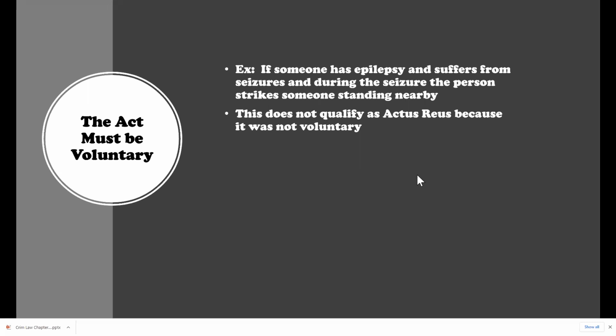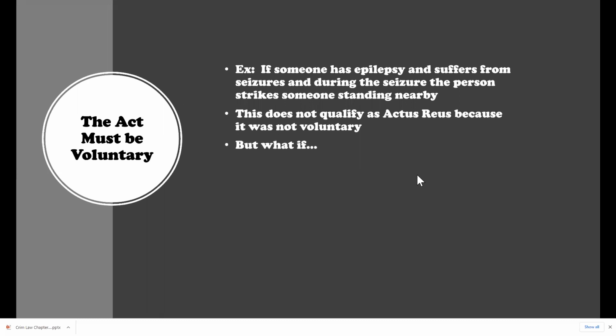And the reason the actus reus is missing is because this was not a voluntary act. The person was having a seizure and their arms flailing was involuntary as a result of the seizure. So therefore, because it was not voluntary, the actus reus is missing, and the crime of battery would not be present because that element is missing.